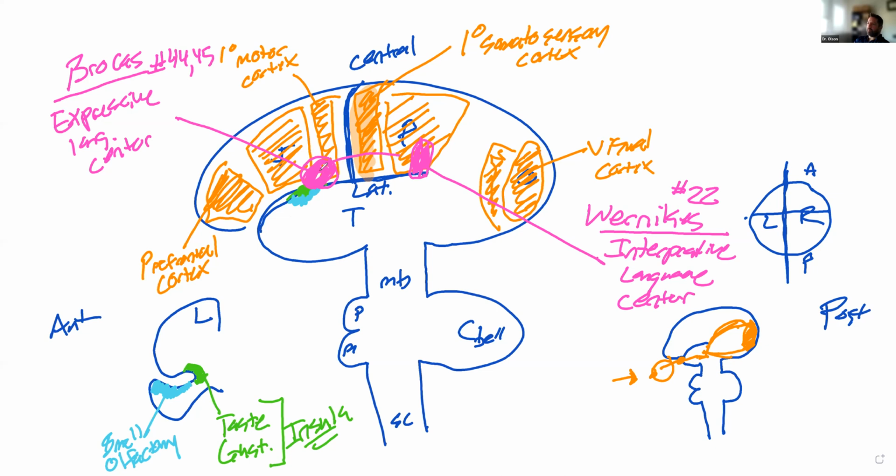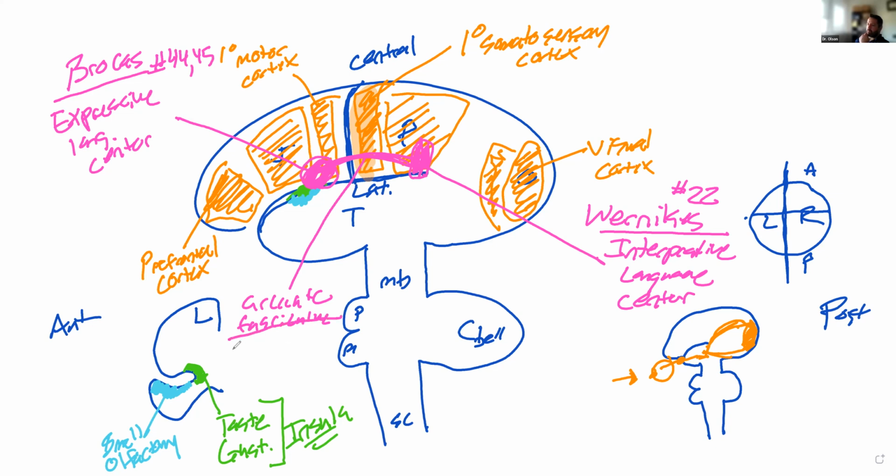Then you have a communication between these two centers, and this is something we refer to as the arcuate fasciculus.